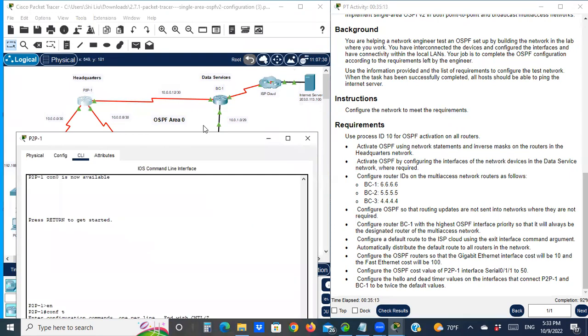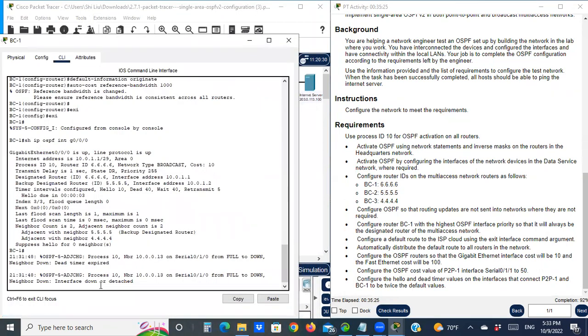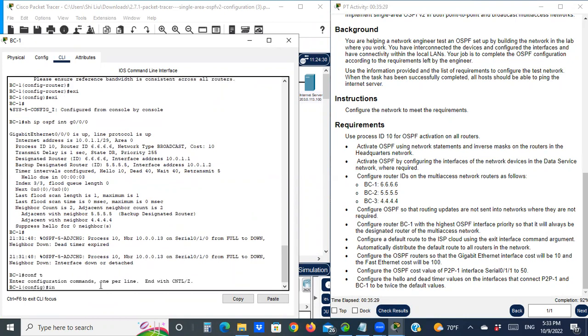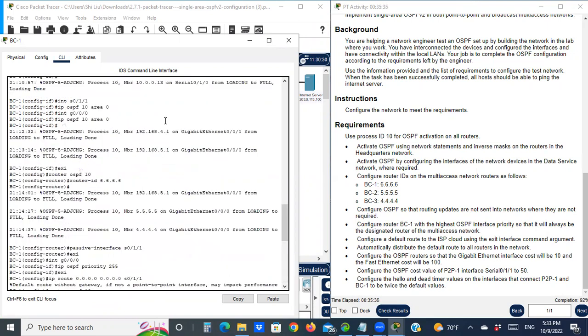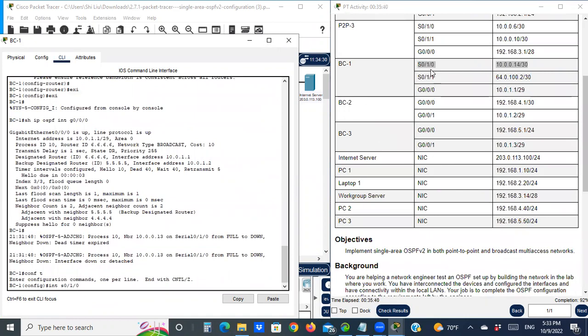We finished P2P1, but don't forget that we need to configure the same timer values on the other end of this link, on BC1. The interface is Serial 0/1/0, I think it's this one.